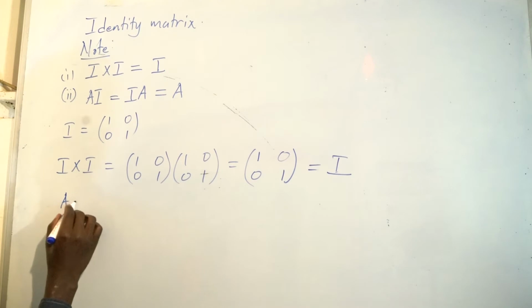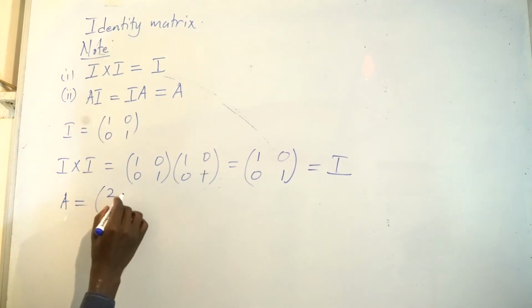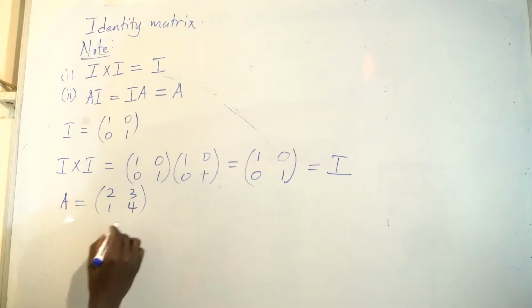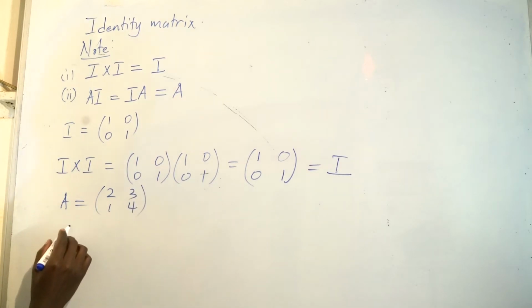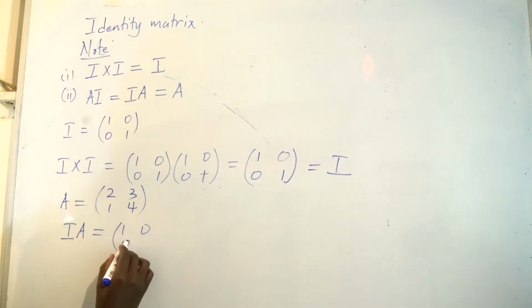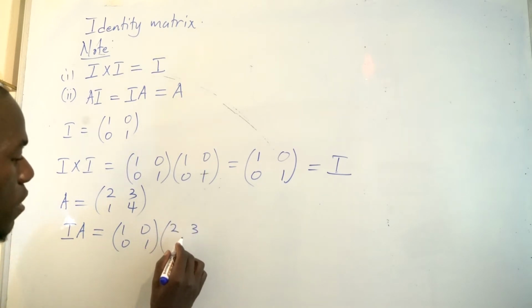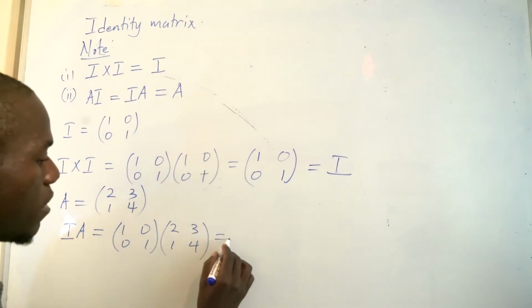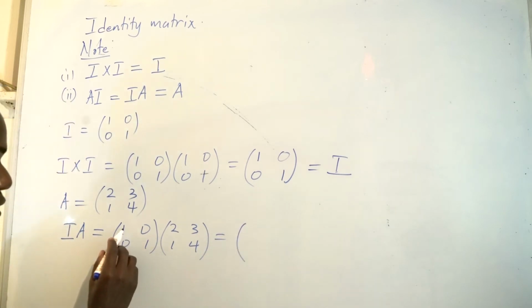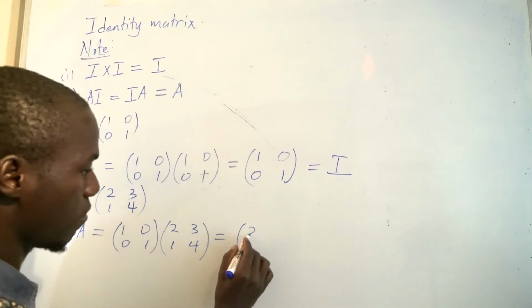Suppose I'm having my matrix A for note 2. I'm having my matrix A as 2, 3, 1, 4. Then I multiply the identity matrix times A. So that is 1, 0, 0, 1 times 2, 3, 1, 4. Row by column very fast, that is a 2 plus 0.